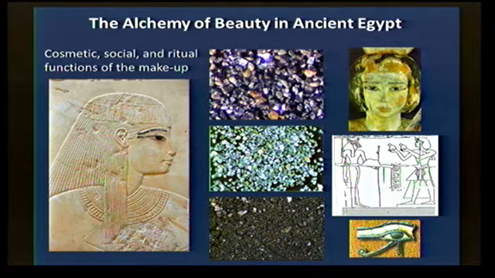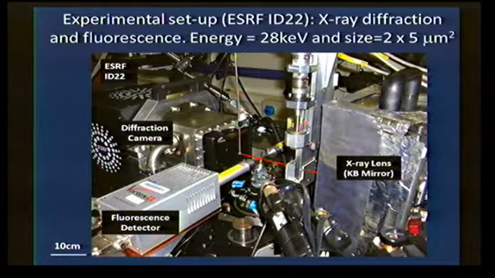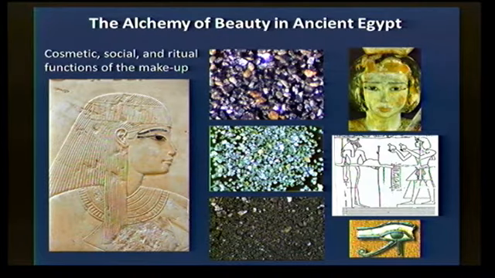So cosmetics were very important. They had social meanings, and they were also used in a number of rituals. So you see here a picture of the god who has 2 bags of makeup, of powder, and is offering those 2 bags to the god here.